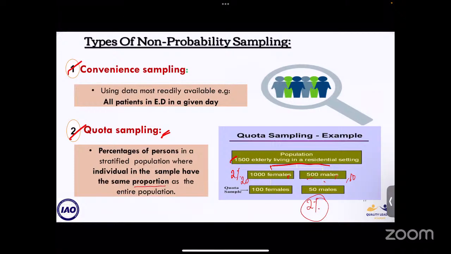So just for example, from the 1,000 females, 100 females are selected, and from the 500 males, 50 males are selected, ensuring that the sample reflects the population's composition of these 1,500 in terms of gender distribution. Okay, so any question regarding this?